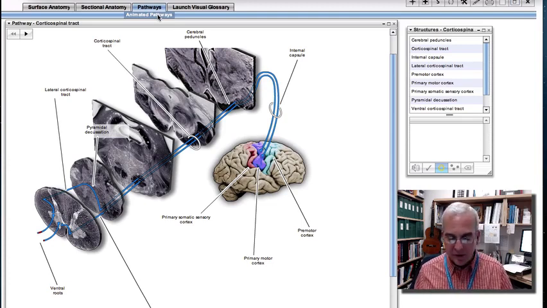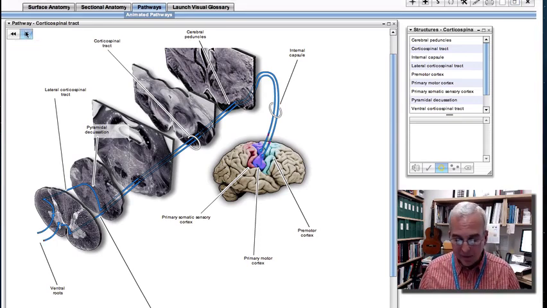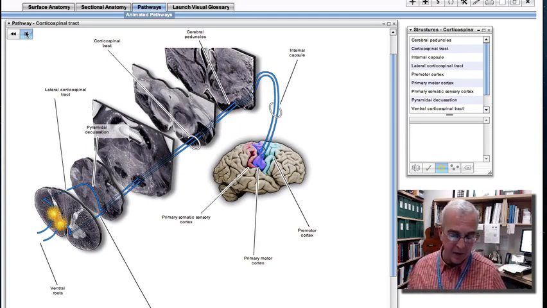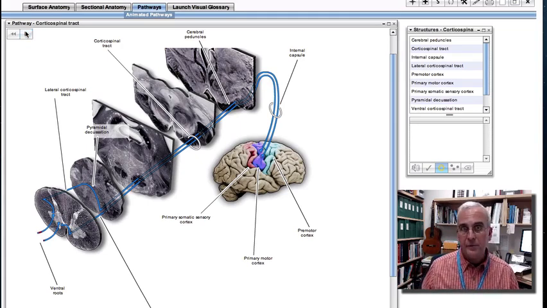And what we've created here in Sylvius is just a very quick demonstration of what it takes to send a signal from our upper motor neurons in the precentral gyrus to the spinal cord for the execution of a voluntary movement.